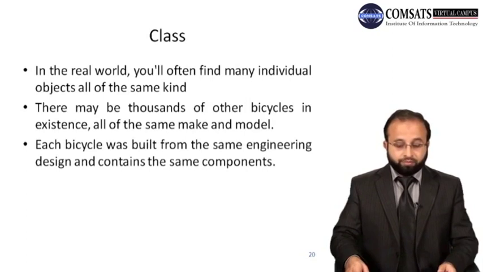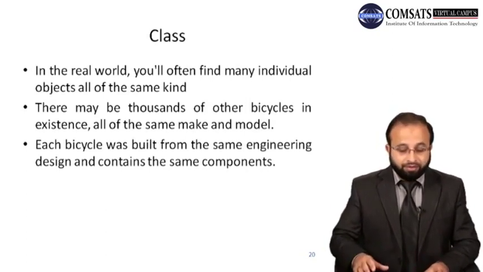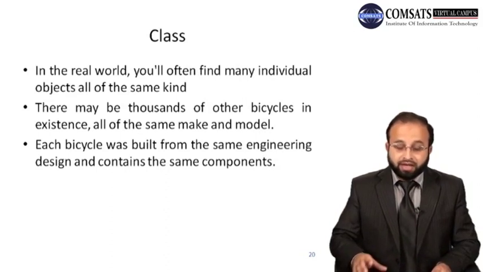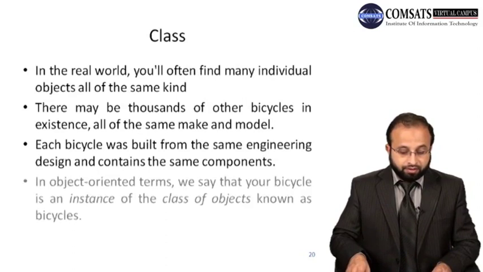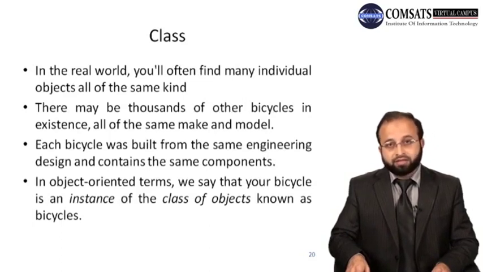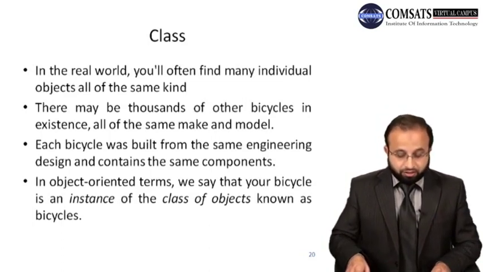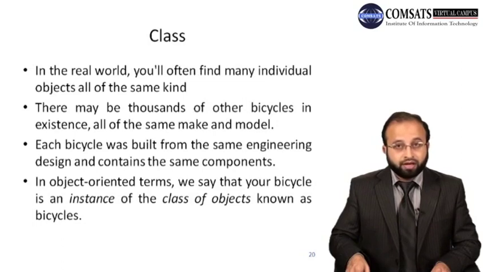Each bicycle was built from the same engineering design, or each car was built from the same engineering design and contains the same components. Then in object-oriented terms, we say that your bicycle is an instance of a class of objects known as bicycle, or your car is an instance or an object of the class of objects known as cars, right?